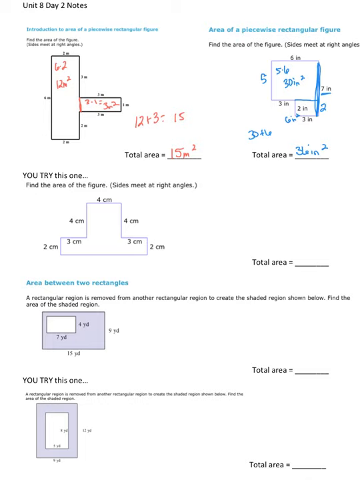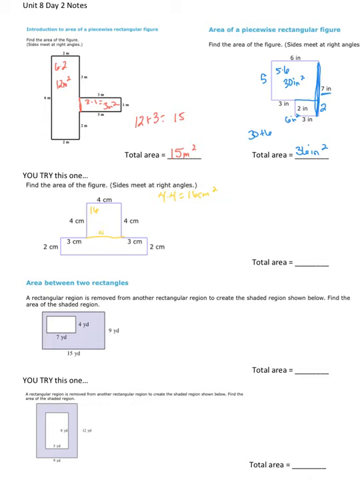Okay, this one. There are a couple different ways to do this one. I'm going to show you one way in yellow and might do another way. So the one way in yellow shows me that this one, 4 times 4 is 16 centimeters squared. This is 4, then this is 4.